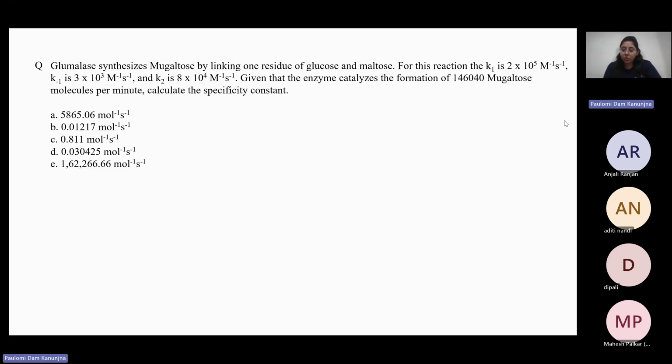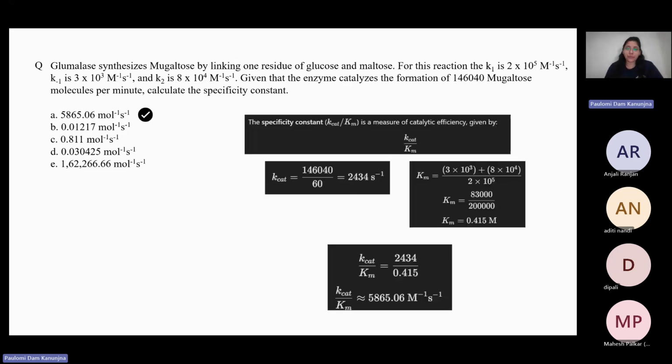Okay. So the answer is A, 5865.06 per mole per second. And we'll see how. This is what you are supposed to do.